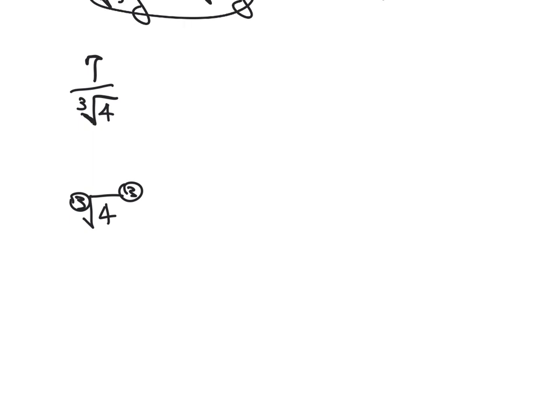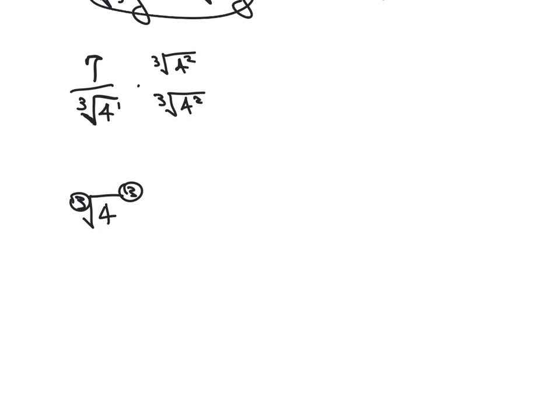So right now we have a 1 here. I need 2 more. So I'm going to multiply the top and the bottom by those 2 more, and it has to be the cubed root of 4 squared.